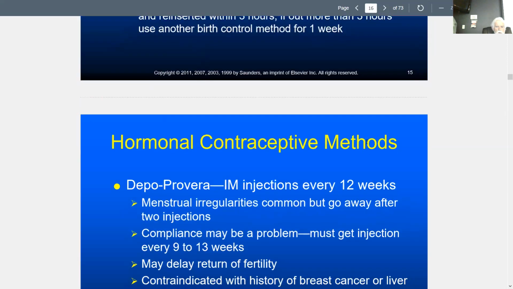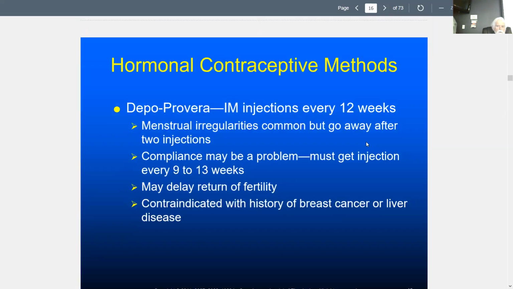And here we have Depo. So Depo is an injection, and then you've got Implanon, which is an implanted device.